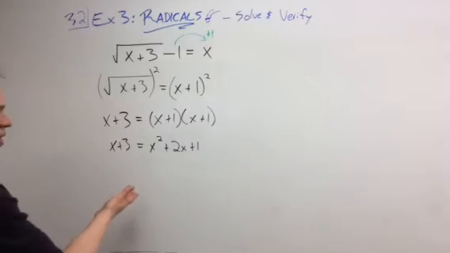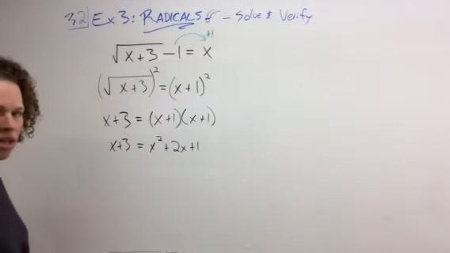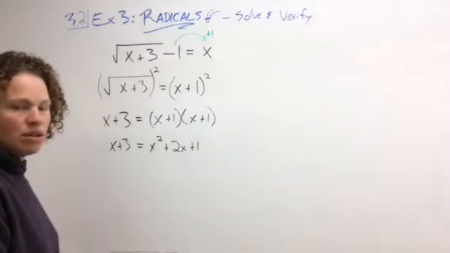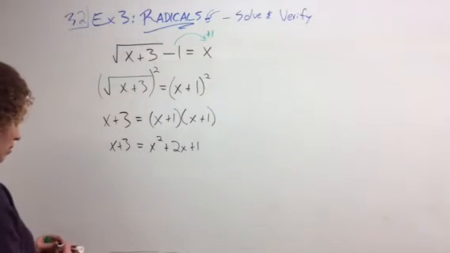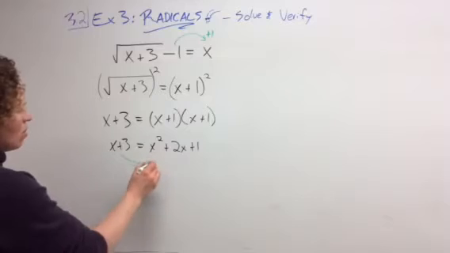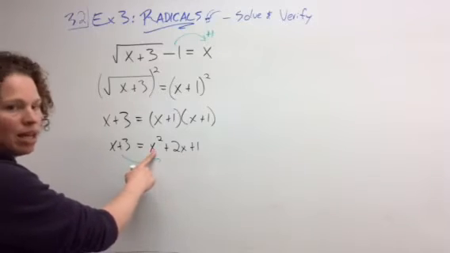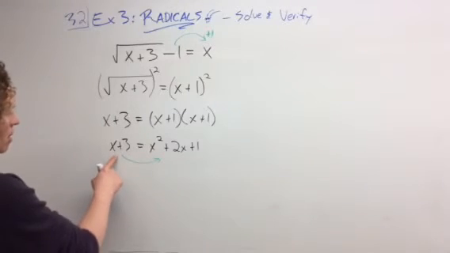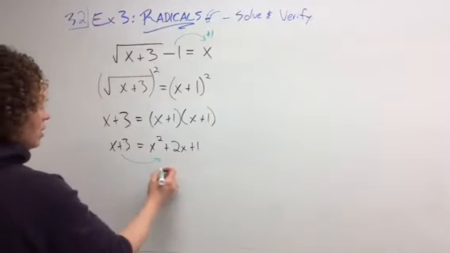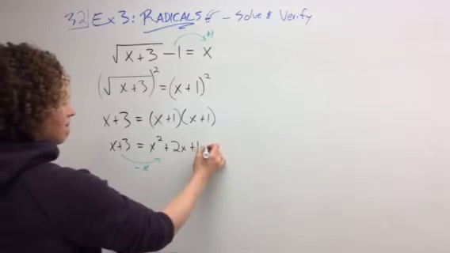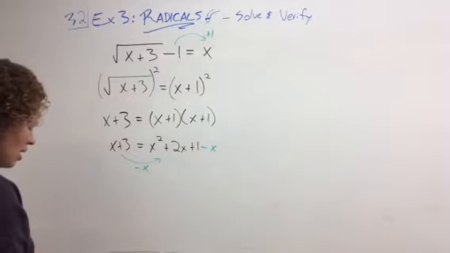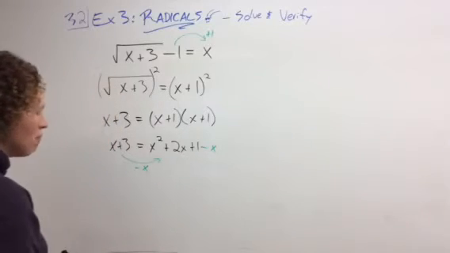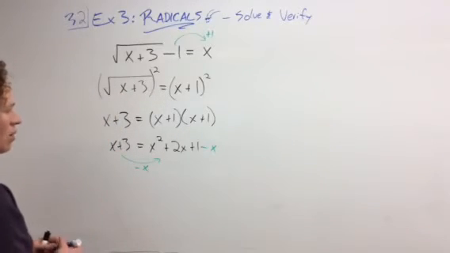Now that I've got them all like this, I can put them all on one side of the equation, make the other side equal to 0, and solve. So I'm going to move these over, because I don't want to make a negative x squared, so I want to leave that on this side. The x is going to come over here and become negative x. And the number can go over to this side, or I could just put them all on the one side and make it equal to 0.